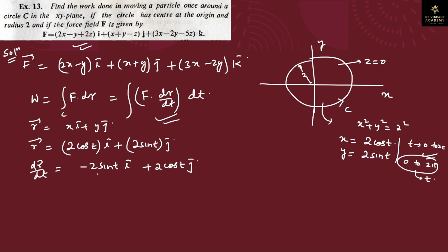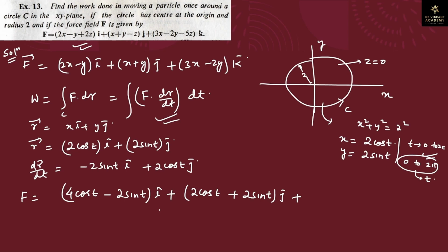So we get the value of F as: 2x is 4 cos t, minus the value of y, 2 sin t, i cap, plus x + y, so this is 2 cos t + 2 sin t, j cap, plus 3x − 2y, so this is 6 cos t minus 2 times y, so 4 sin t, k cap. This is the value of F and this is the value of dr/dt.